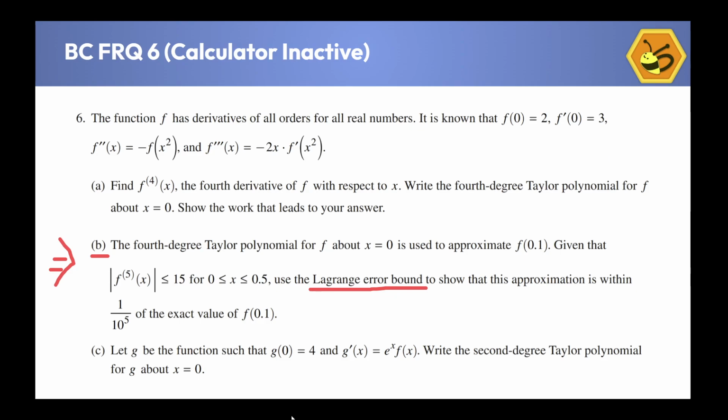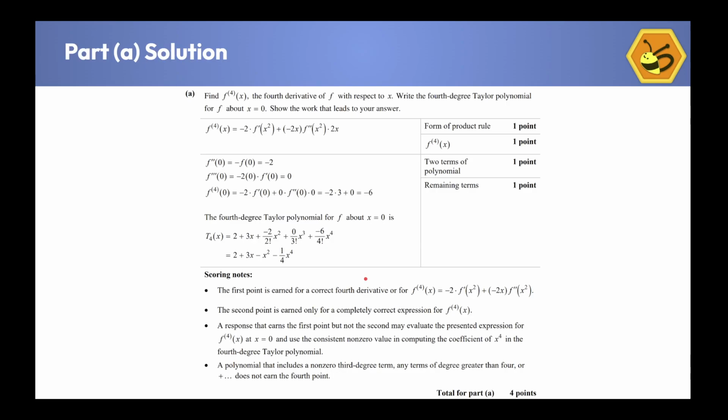The fourth degree polynomial is the one we calculated in part A. This is called the fourth degree Taylor polynomial, but that is not really relevant for part B. We don't need that, because the error bound is the next term.